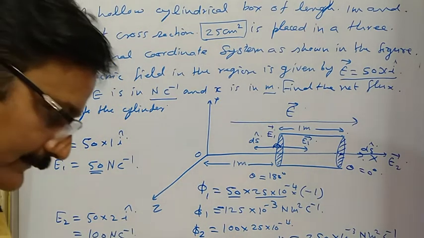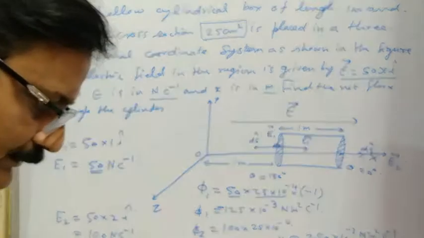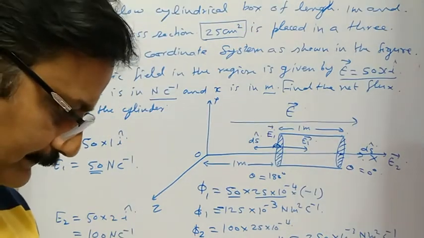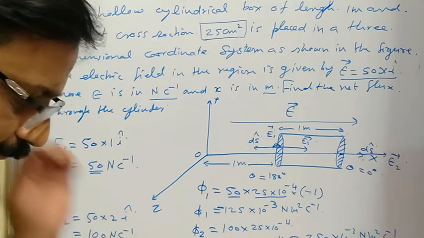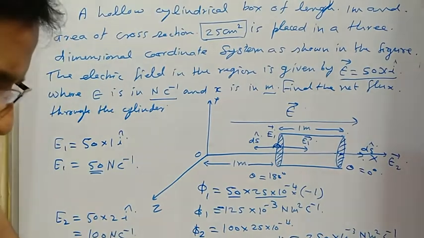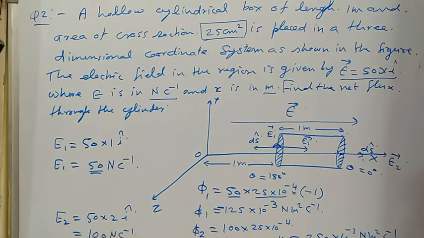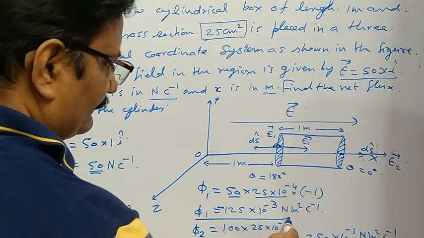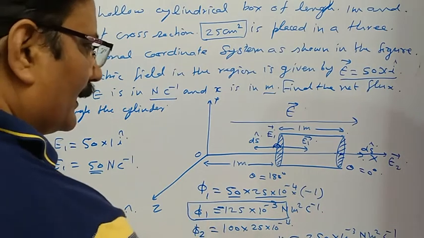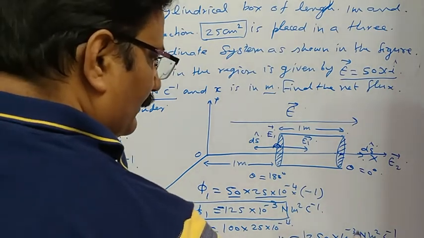So what is the net flux passing through the surface? The net flux passing through the cylinder can be calculated as the difference of these two fluxes. One flux is negative and the other flux is positive.